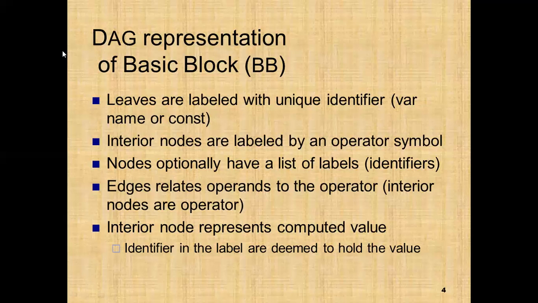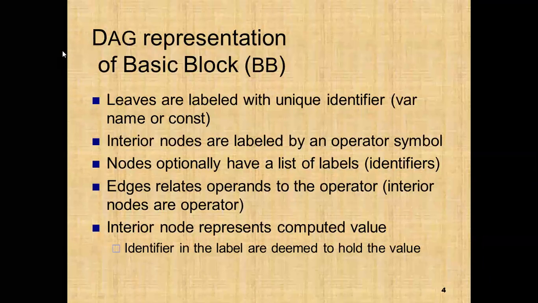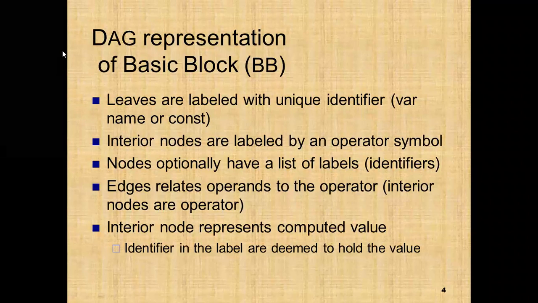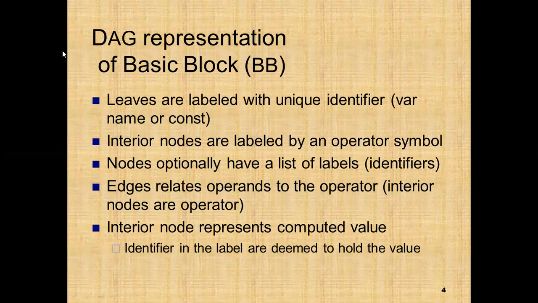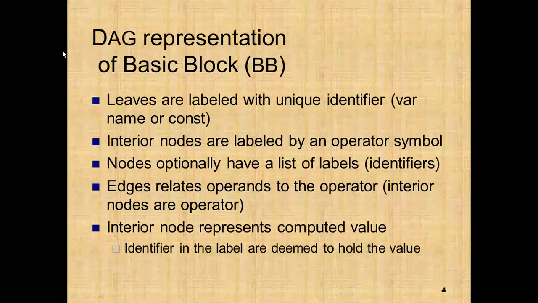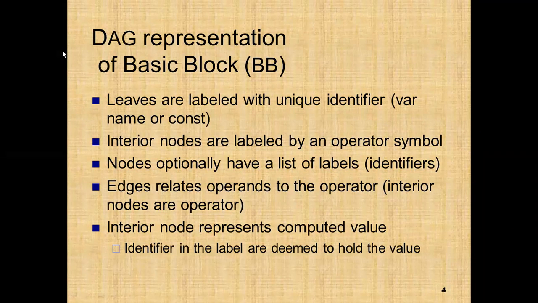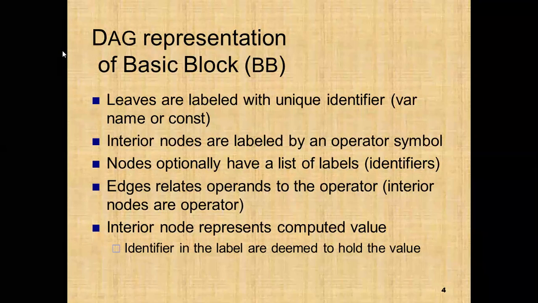In this case, we try to reduce the number of nodes as well as edges. Whenever we reduce the number of nodes, it means we are reducing some statements that are repeating again and again.